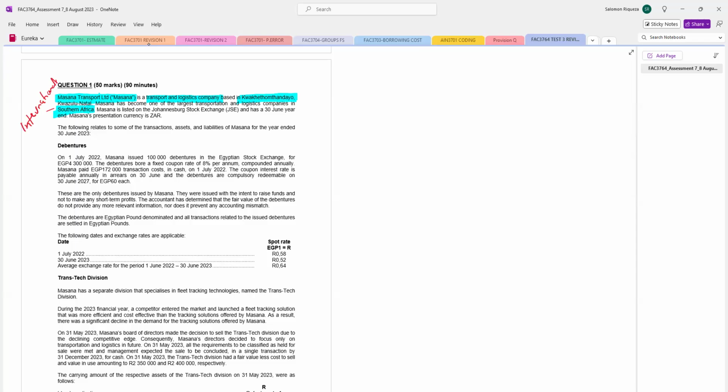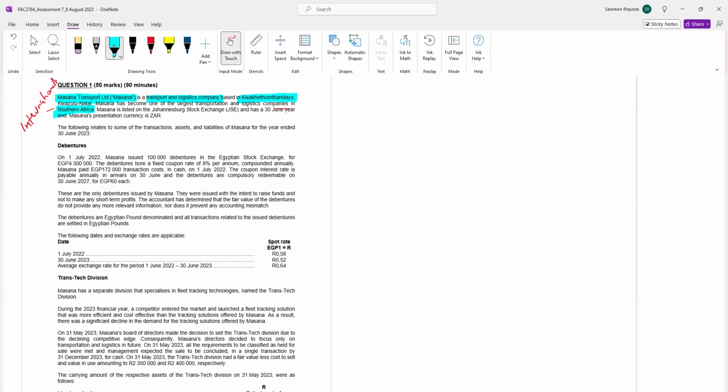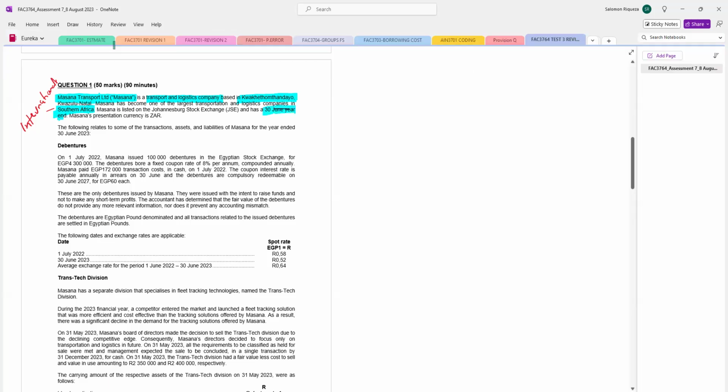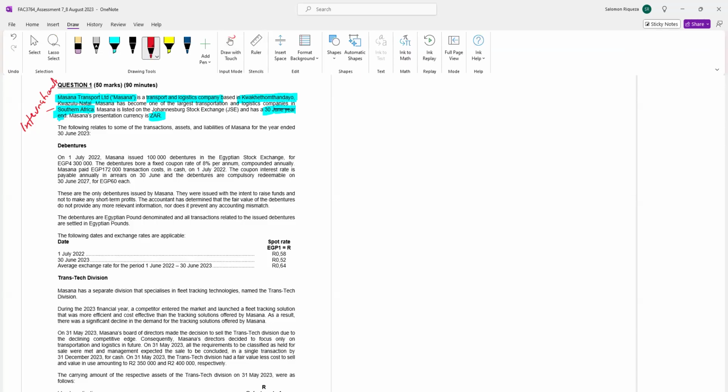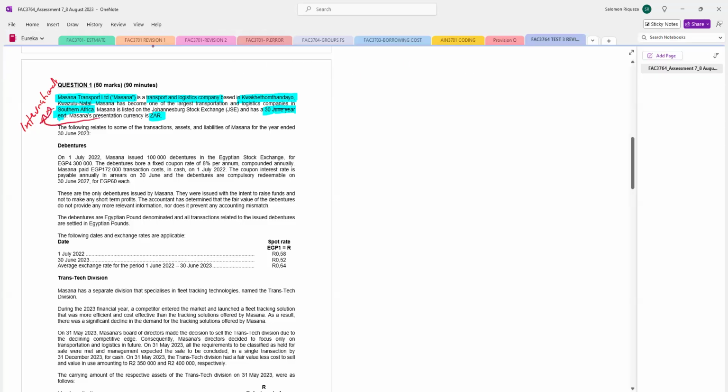Right, so let's continue. Masana is listed on the Johannesburg Stock Exchange and has a 30 June year end, very important. Masana's presentation currency is Rand. Okay, so when they say ZAR, it means Rand. That's their presentation currency. This is already telling us that we present our financial statements using Rand, even though we also deal internationally in different currencies.